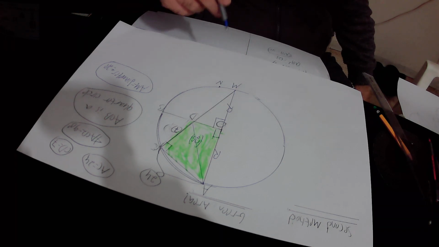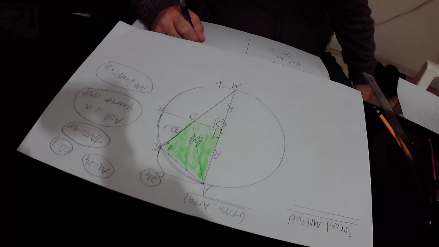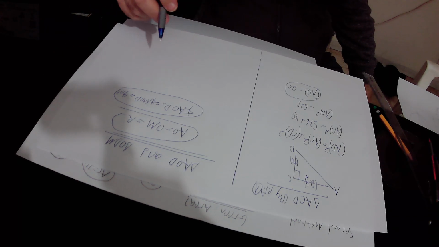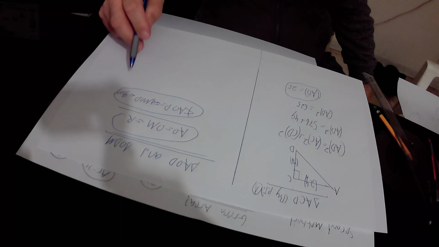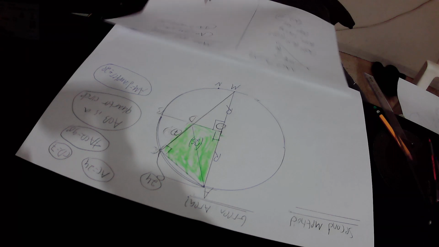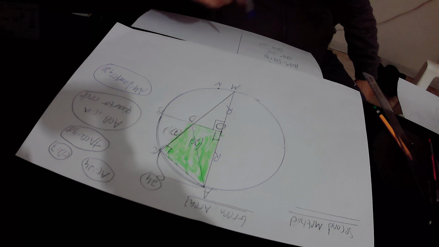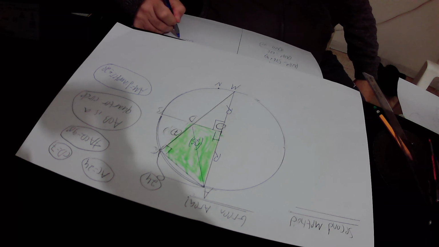So angle AOD in the green triangle equals angle MOD in the white triangle. They are both equal to 90 degrees. And finally, side OD is the common side that belongs to both triangles, so we can write down that OD equals itself.